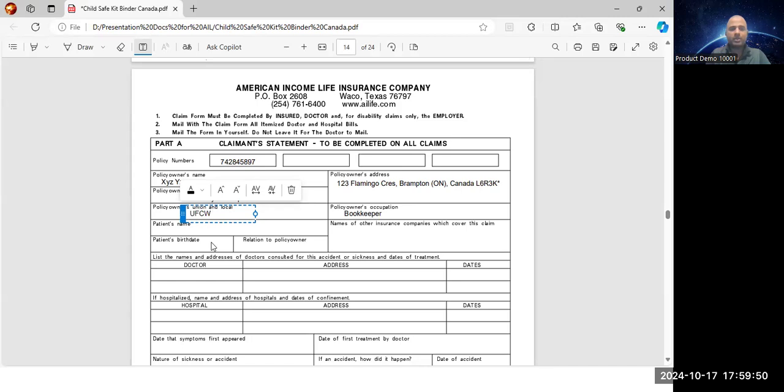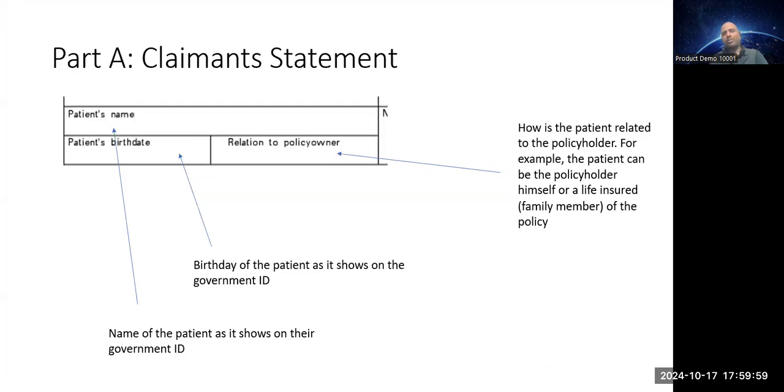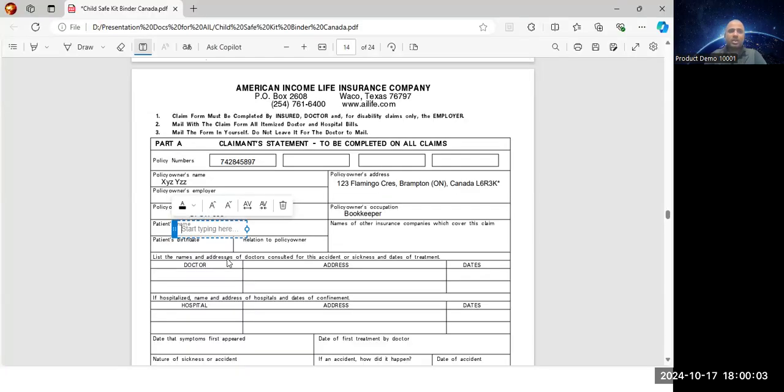Okay, and 633. That would be your local. All right. Your patient's name. Again, this is the name of the patient as it shows up on their government photo ID. So let's say the name of the patient is YZZ, YZZ for this example's sake.